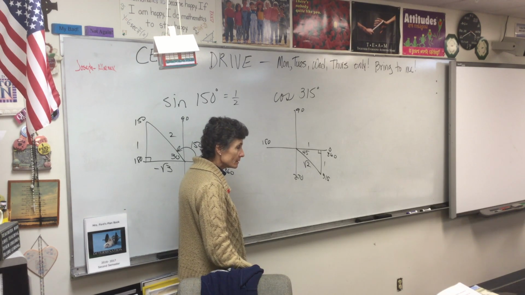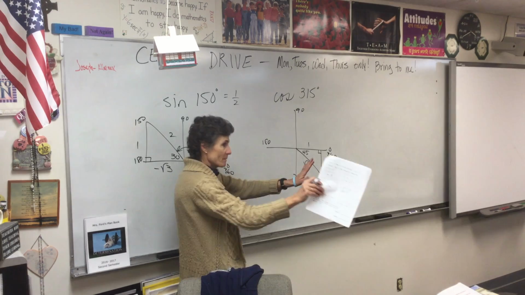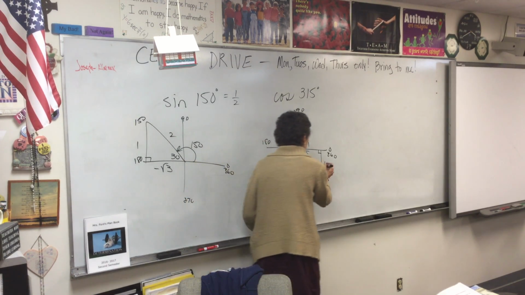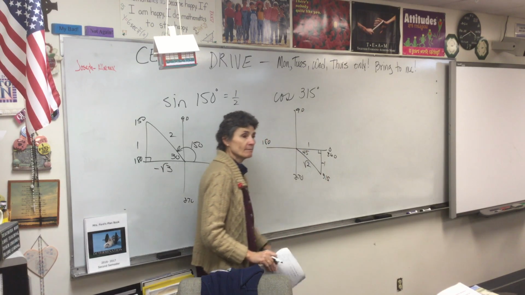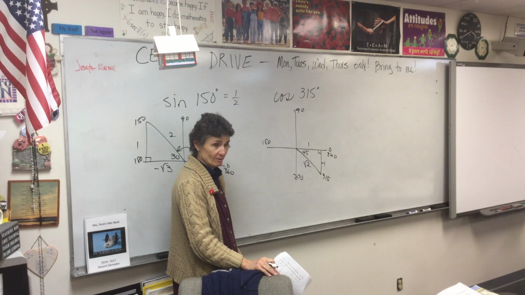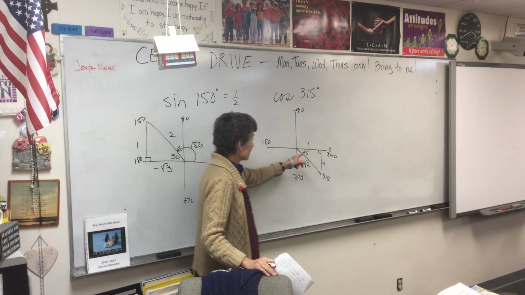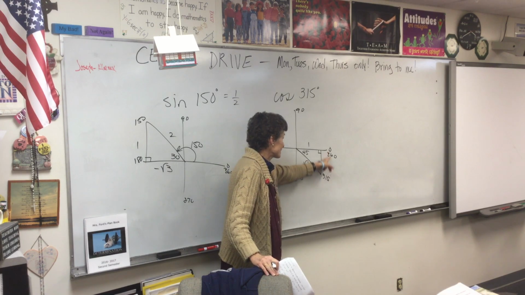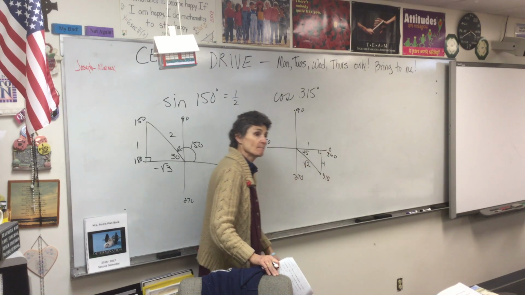I said John. Thank you for being excited, John. This one is negative, right? Because it's going down. Morgan, are you okay? What's the matter? Why is that 45? This is 315 and that's 360. How far is it to get from 315 to 360?